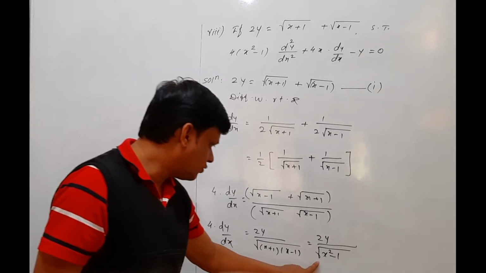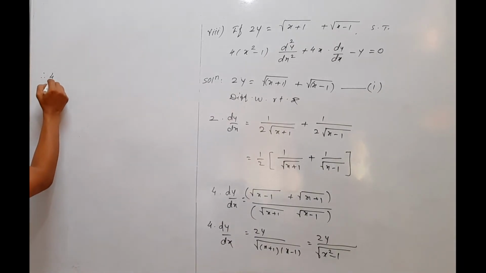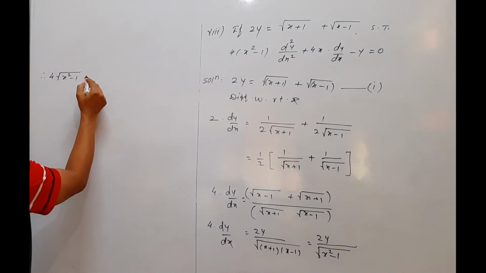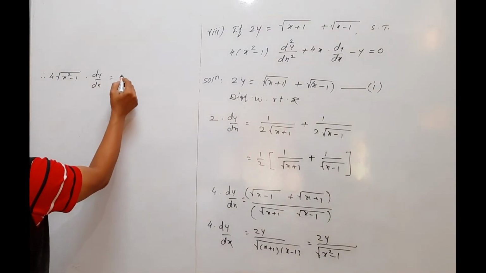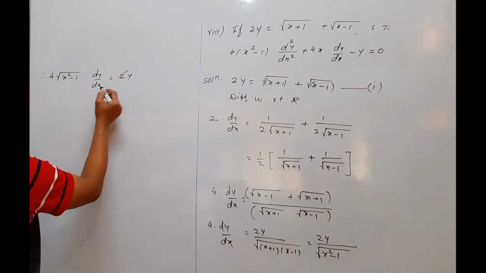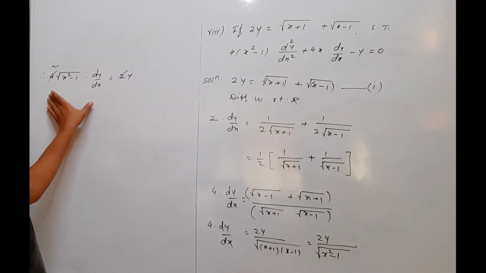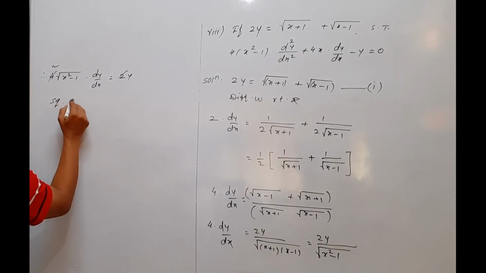Now we transfer this root x square minus 1 to the left hand side. So write here 4 into root x square minus 1 into dy by dx is equal to 2y. So we cancel this 4 with 2 and we have to find the second derivative. So we take the square of both sides. So write here squaring on both sides.